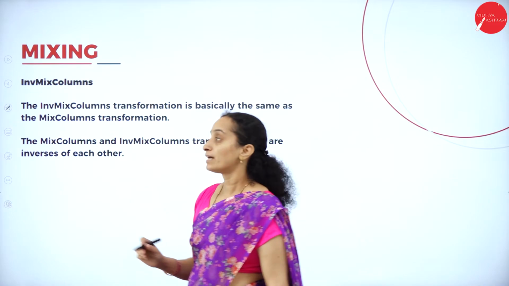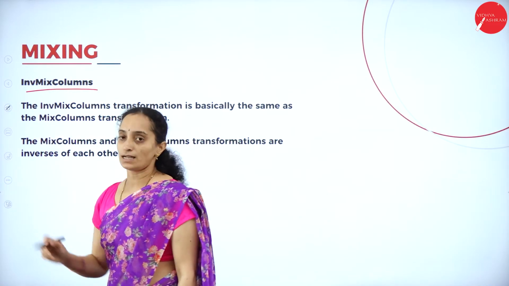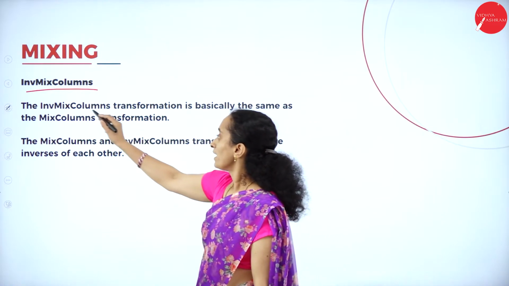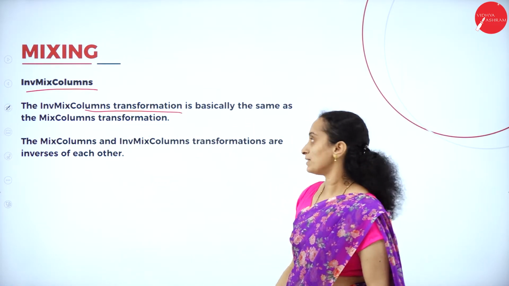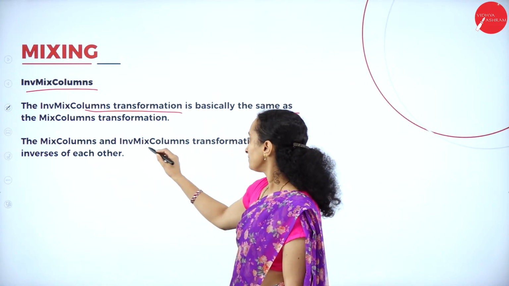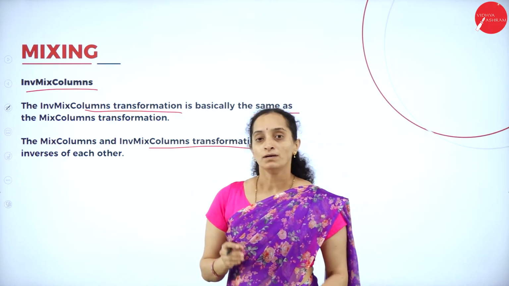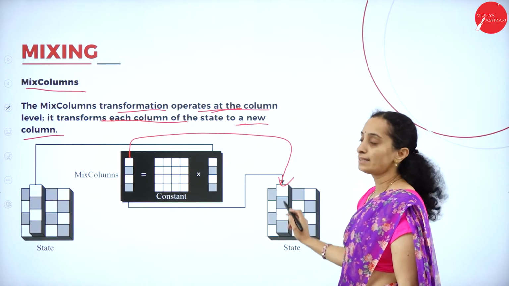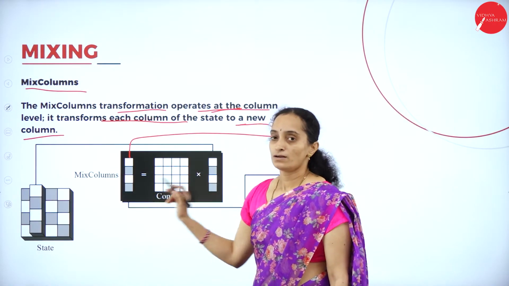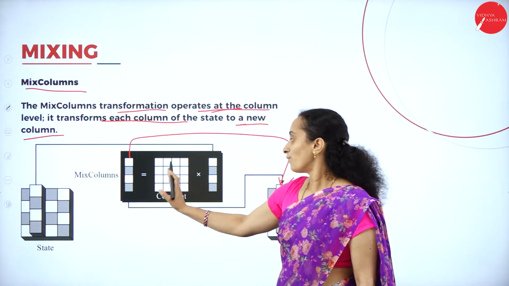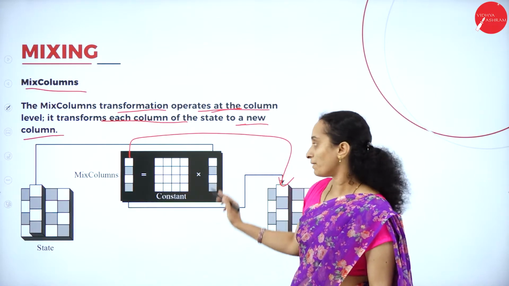Then we have the reverse of the mixed columns, that is inverse mixed columns. The inverse mixed columns transformation is basically the same as the mix, but it performs the reverse of the mix. When you take this new column matrix, it will be diffused back with the old matrix and the constant matrix.